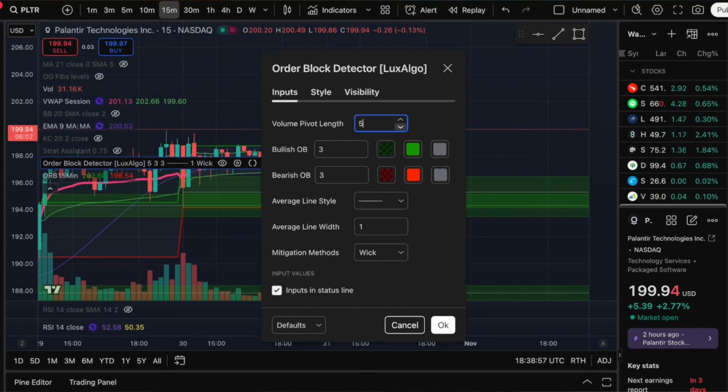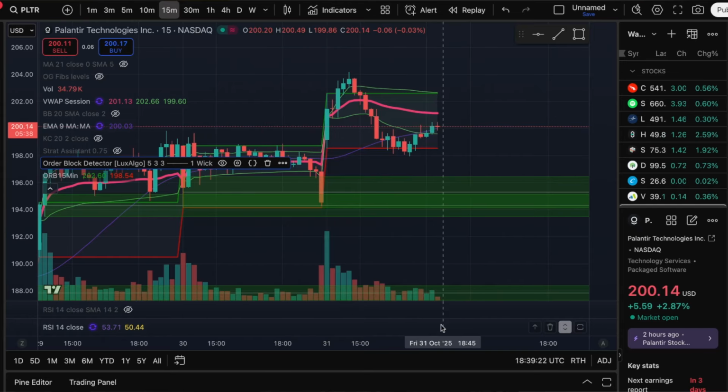So if you're trading on a longer time frame, you want to take this up a little bit, because this is giving you more information, more data. So if you're looking to get into a swing trade, these order blocks will show you more information in terms of time frame. Those are the only adjustments that I make to the order block, and then after you get out of that, we're ready to go.